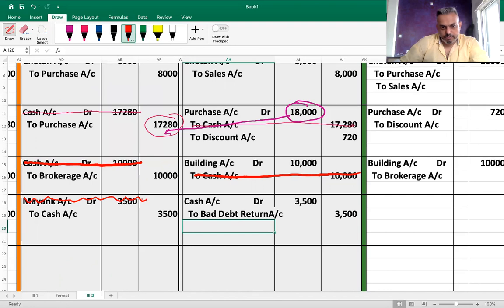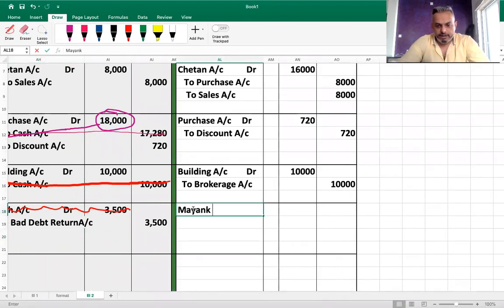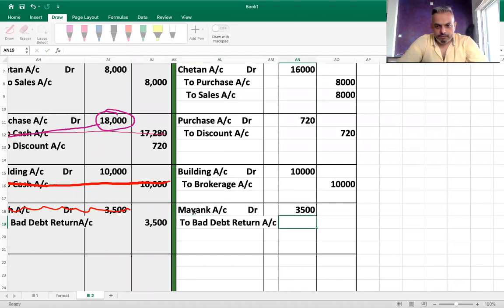Mayank account debit to cash account. So cash account credit, cash account debit, cancel them. What we are left with is Mayank account debit to bad debts return account. So here we write Mayank account debit to bad debts return account.